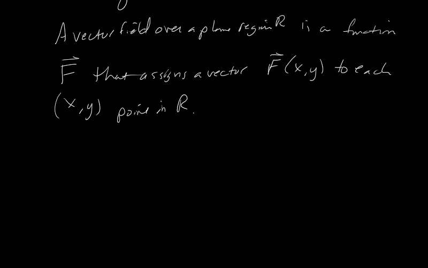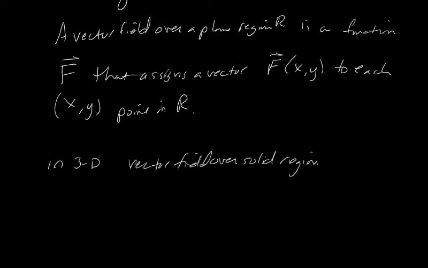Now the same thing can be ramped up into 3 dimensions. In 3D, a vector field over a solid region Q in space is a function F. Again, it's a vector valued function of x, y, z.